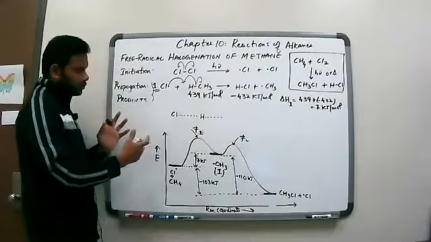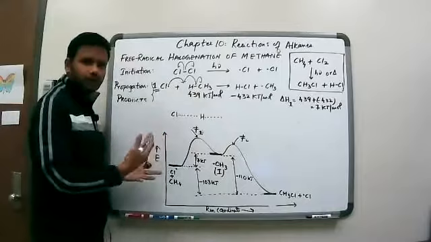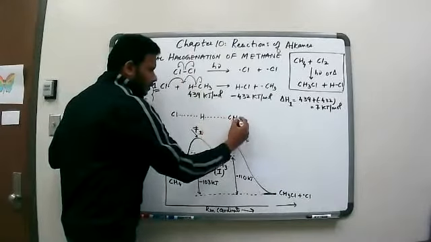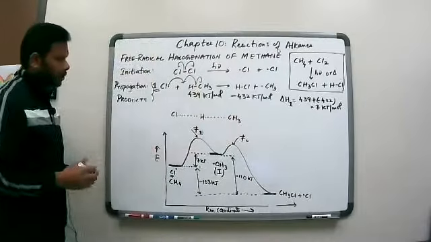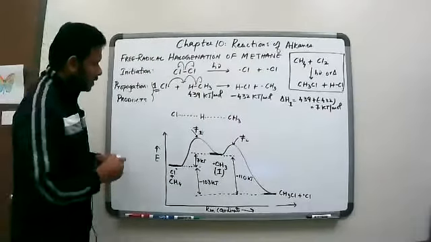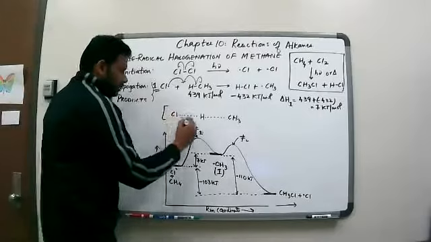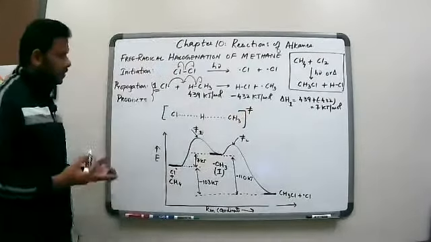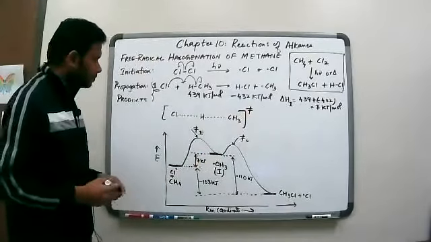Because we're trying to form a bond and we're trying to break the other bond, we can show it using dotted bonds, something like this. And usually transition states are put in square brackets with this dagger sign to say that it's a transition state.